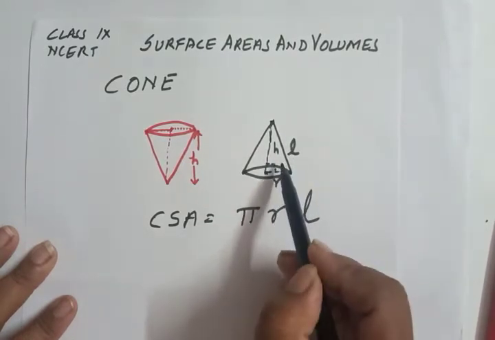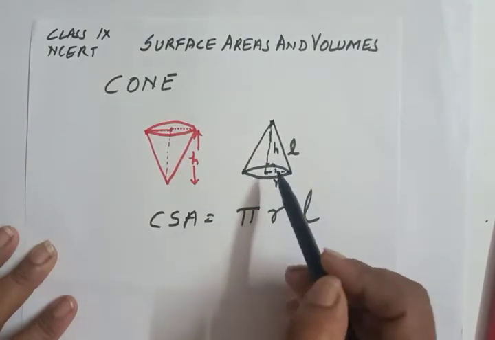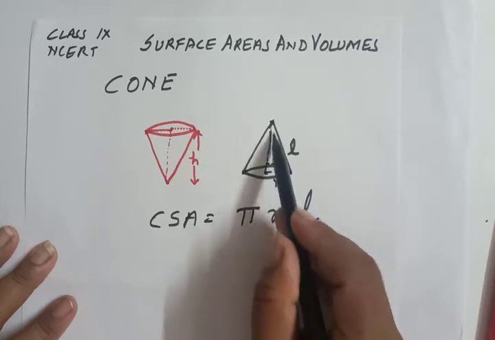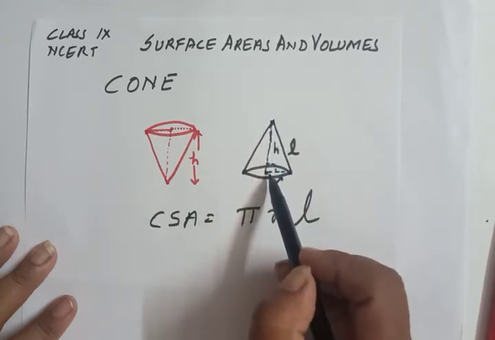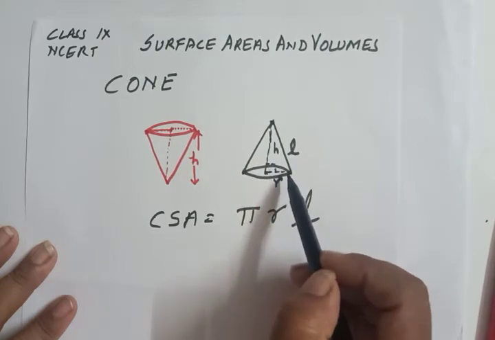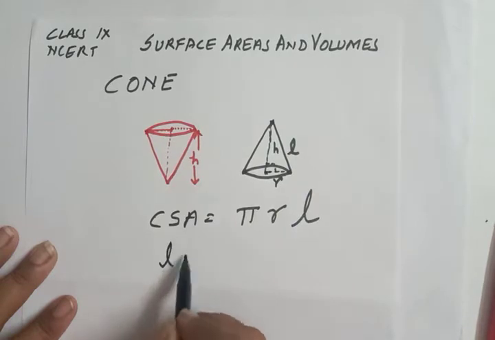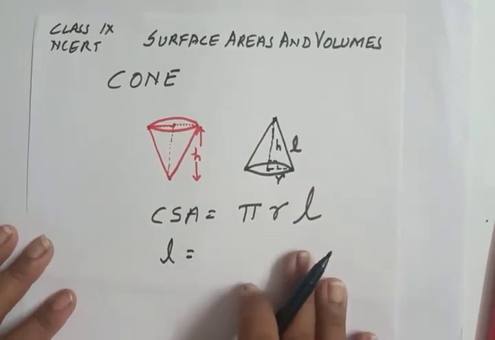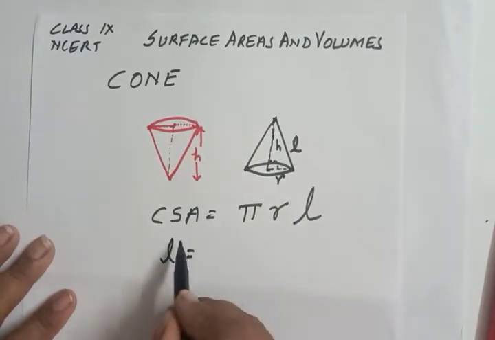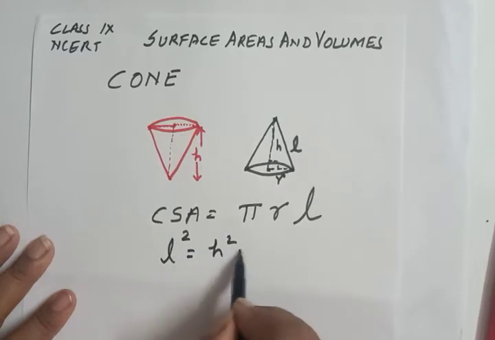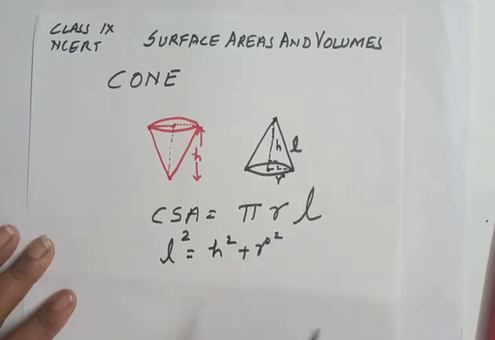I already told you, because this is a right circular cone, when we join this height from this vertex to the center of the base, this makes a right triangle. So how can we find out the l? When we use the Pythagoras theorem, l square is equal to h square plus r square.